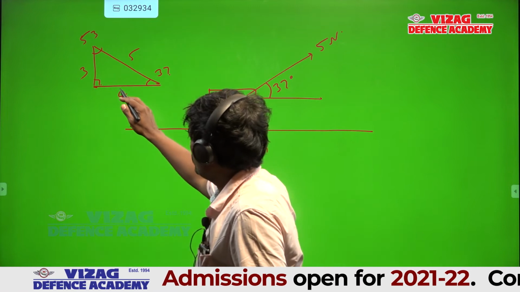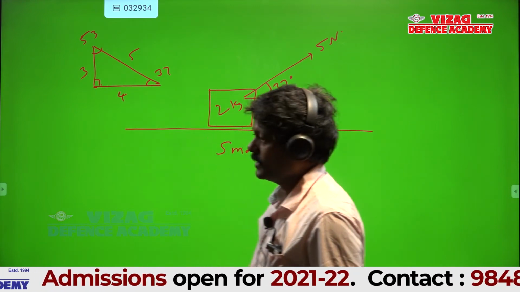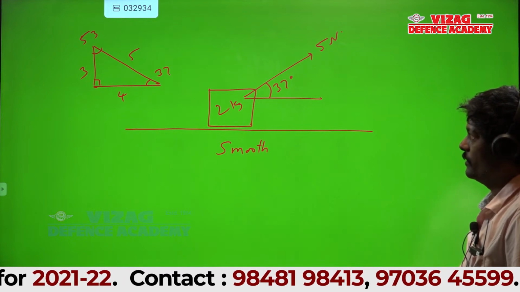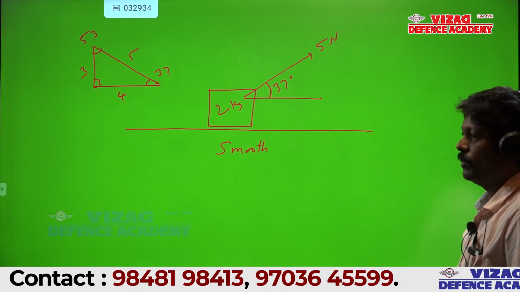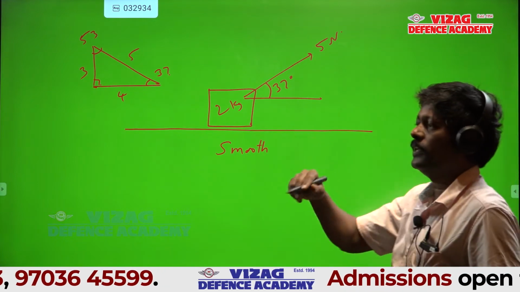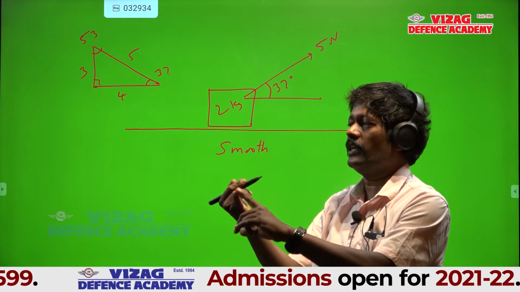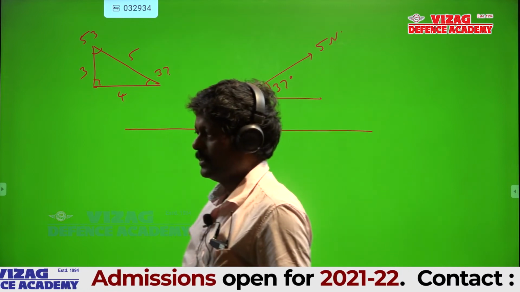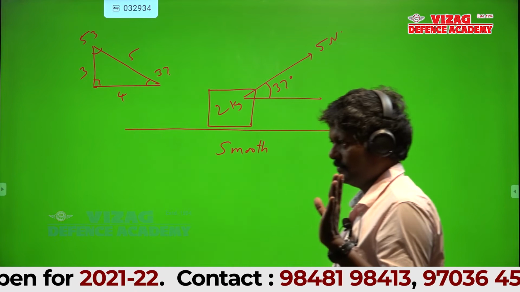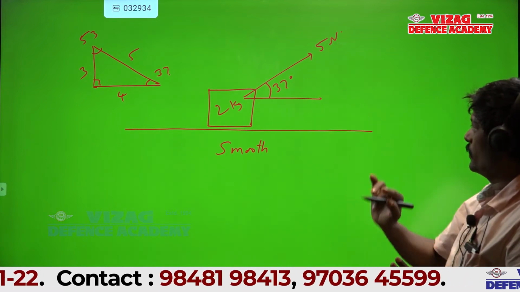Can anyone tell me tan 53? Tan 53 is 4 by 3, opposite by adjacent. So, anything you can get for 37 and 53. So, the triangle is very important.